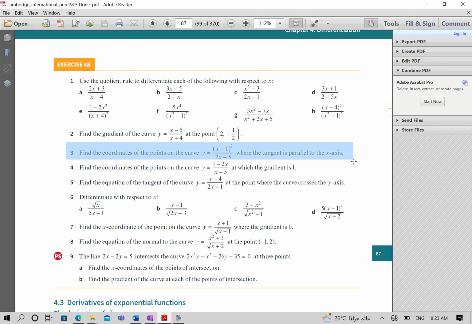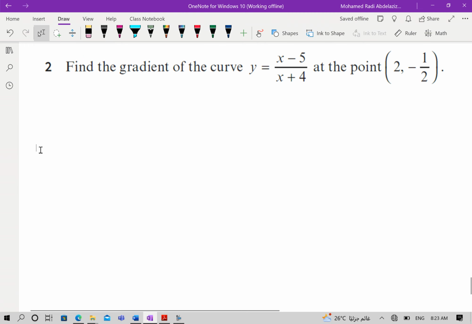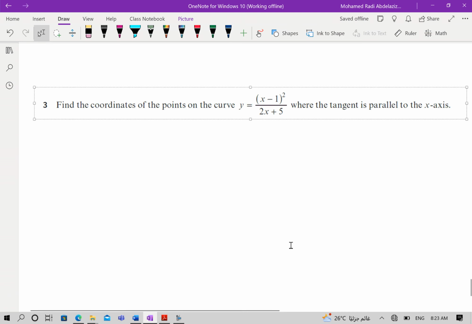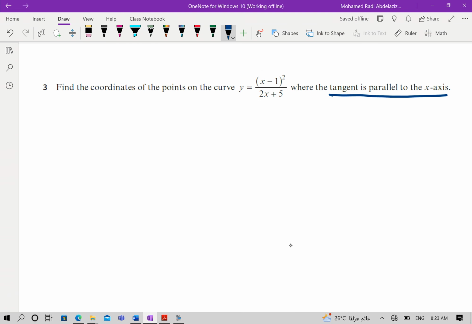Part 3, he asked to get the coordinates of points where the tangent is parallel to the x-axis. Tangent parallel to the x-axis, this means its gradient is what? Is 0. So when we have a tangent parallel to the x-axis, the gradient is 0.